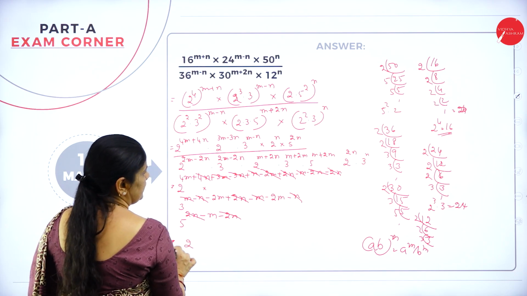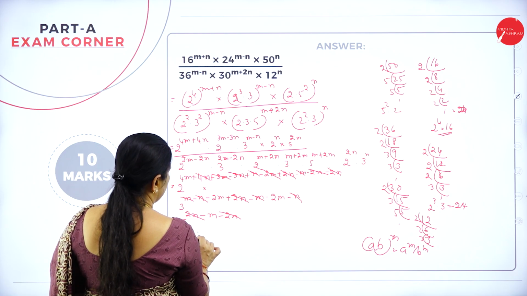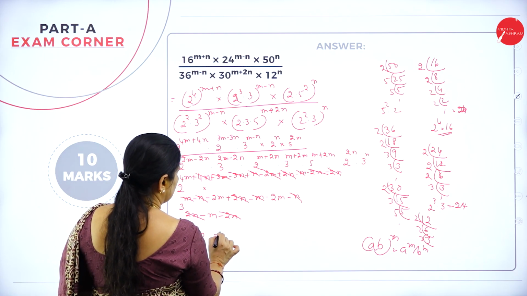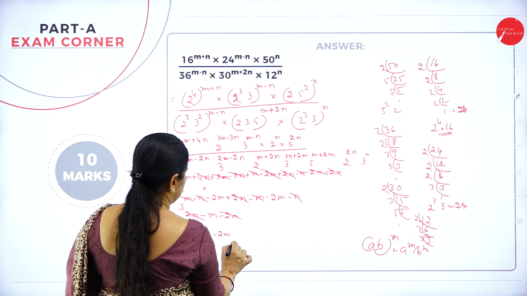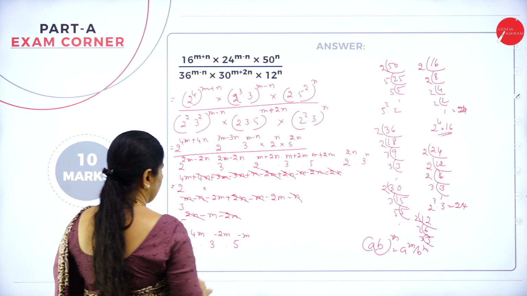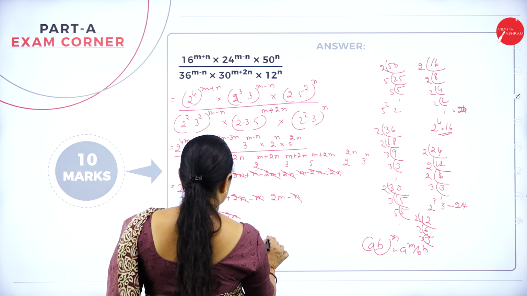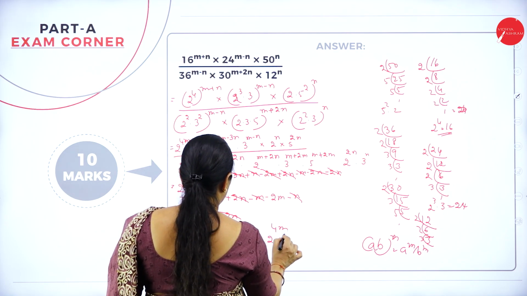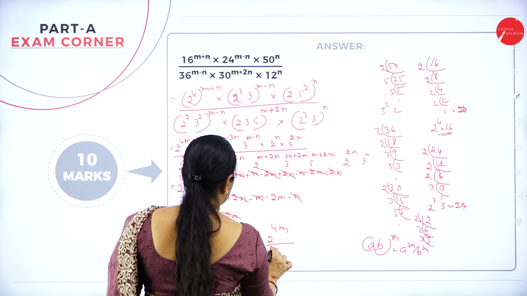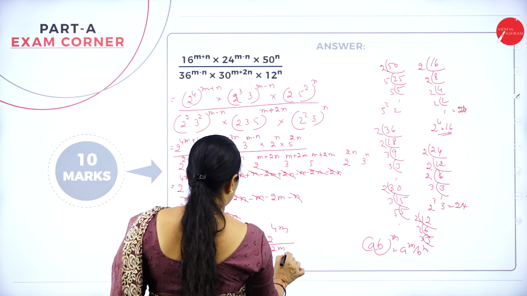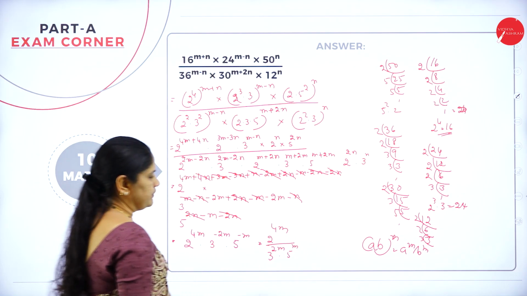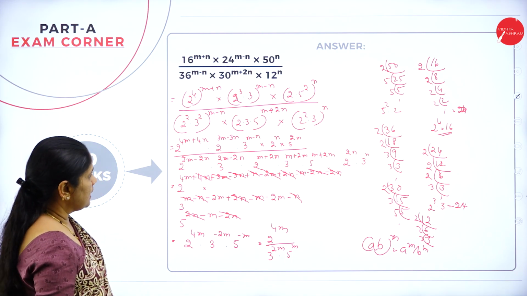So, this will be 2 to the power of 4m into 3 to the power of minus 2m into 5 to the power of minus m. Or I can write it as, this is equal to 2 to the power of 4m by 3 to the power of 2m into 5 to the power m. So, this is the answer.